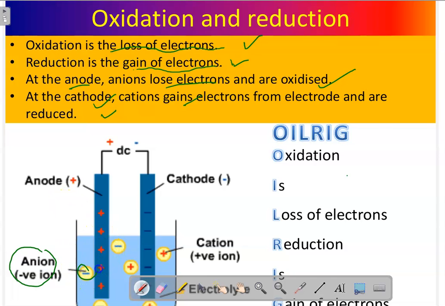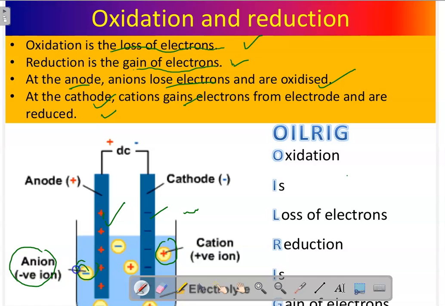And so you can see the negative ion being attracted to the positive electrode here. And over here, we have the cation, the positive ion, being attracted to what? The negative electrode. Okay. Now, once they get there, at the cathode here, the cations gain electrons and are reduced.